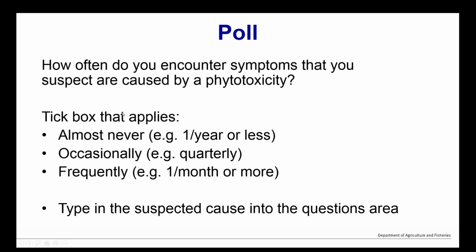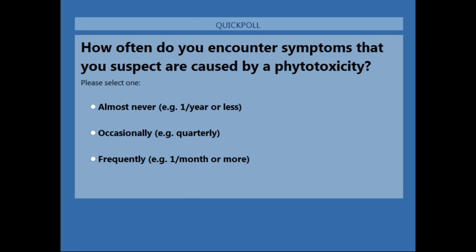Okay, so we're going to do a quick poll, John, if you wouldn't mind. Yep. Launching it. Yes, please. So just how often do you encounter symptoms that you think are phytotoxicity? So just click either almost never, maybe once a year or less, occasionally, but maybe up to 4 times a year, or fairly frequently every month, which means that you're doing something terribly wrong. So if you'd like to click on one of those, and we'll see how we go.